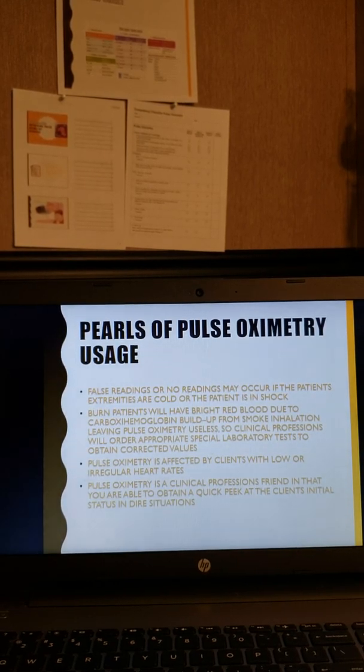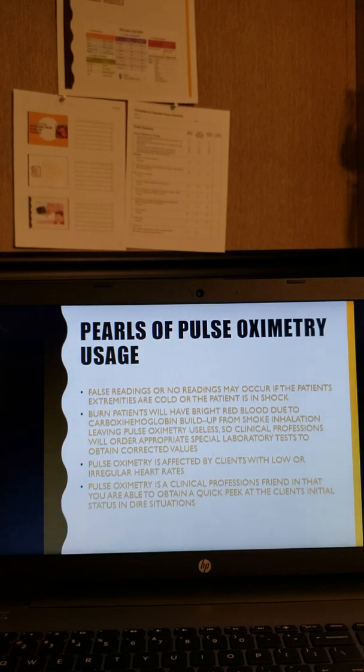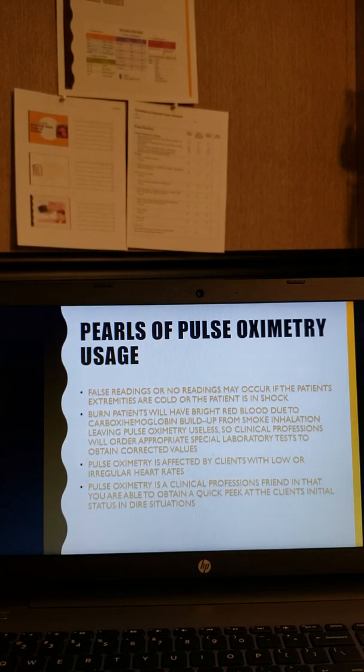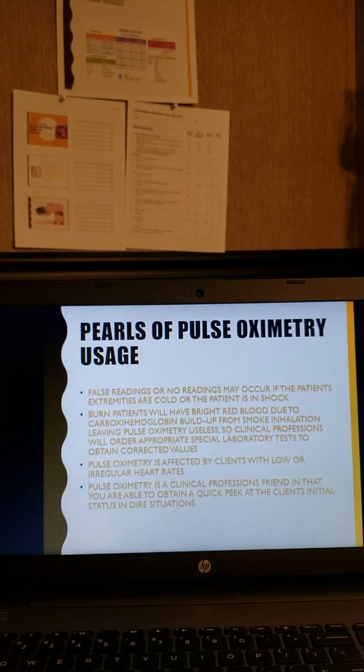Pearls of pulse oximetry also. These are some of the things I think are critical for us to make sure our students understand when they go into the clinical area, which is how to detect false readings, because this is not a perfect science. Patients do have issues if they're cold or in shock, or if they're in a situation where they're coding.